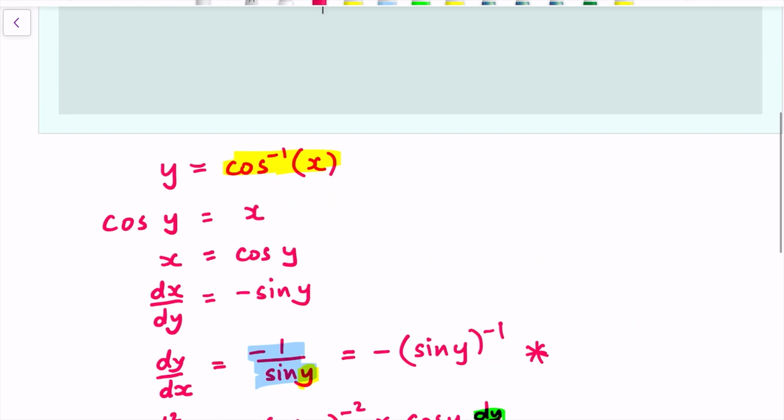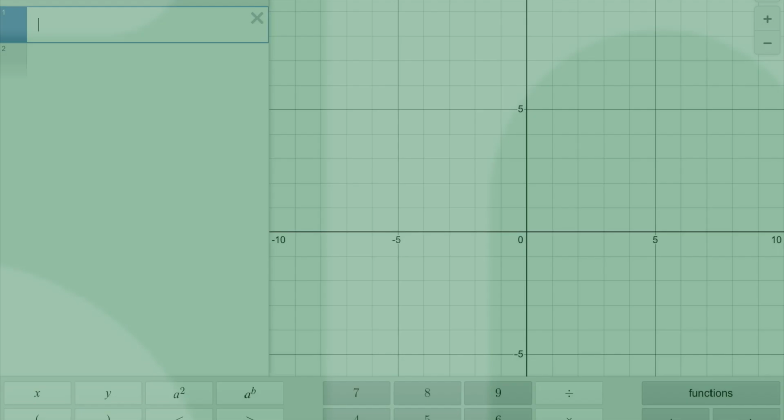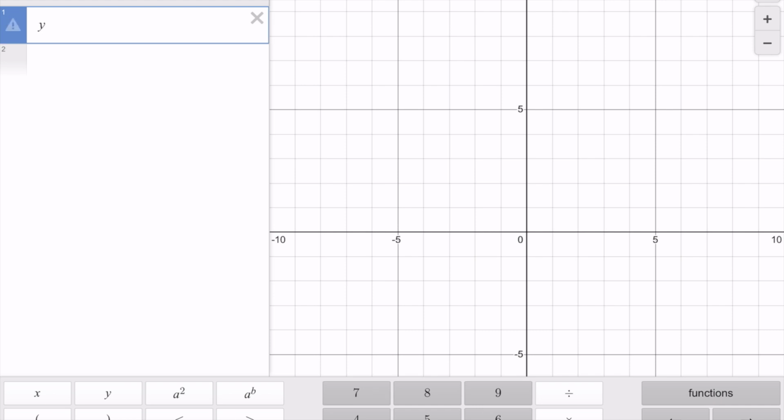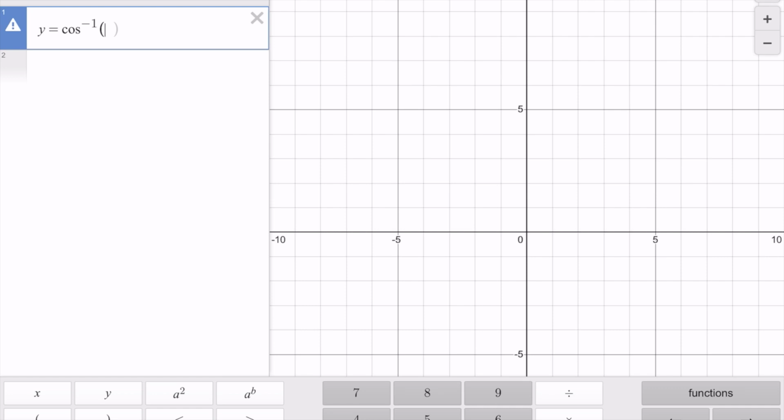Okay, second part. Find the coordinates of stationary points and any points of inflection on the curve. So if you graph the inverse cosine function, let's just have a quick look at what it looks like. y equals, I think it's a built-in function in Desmos, there it is, cosine inverse of x.